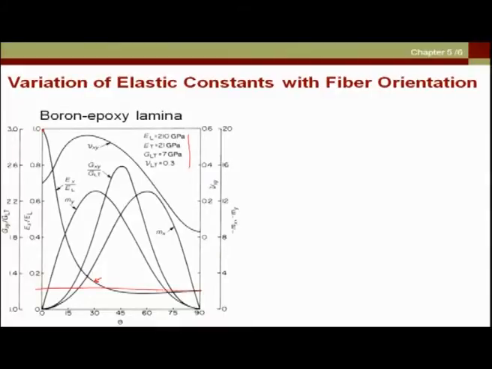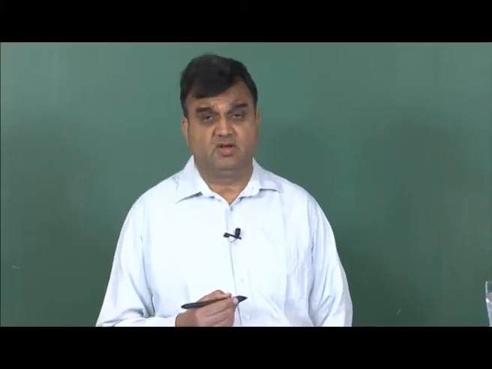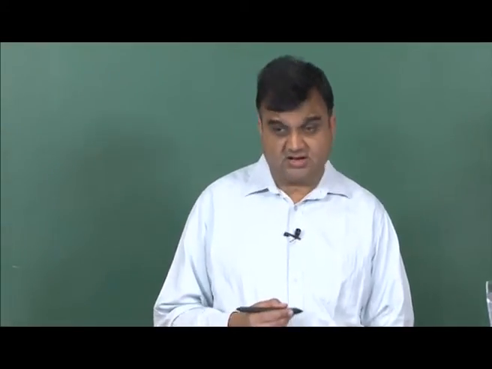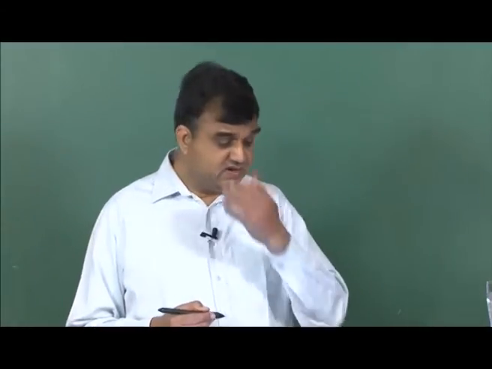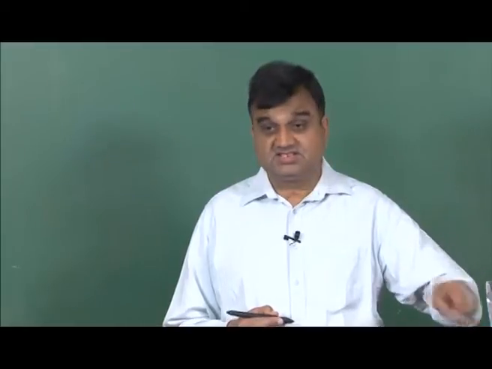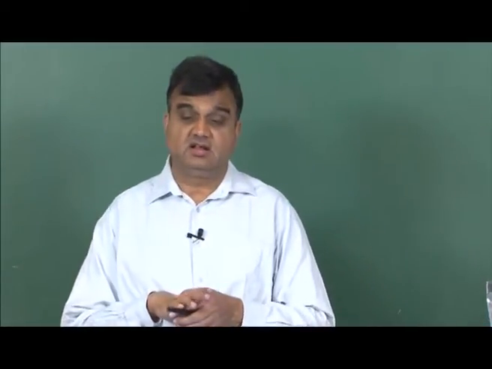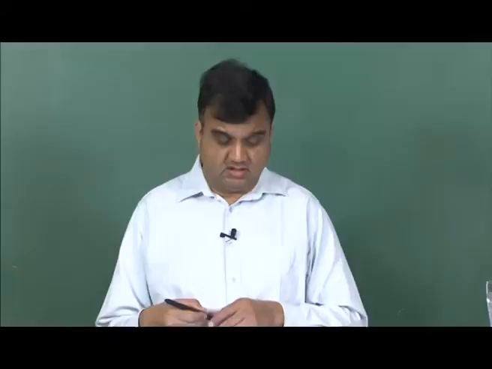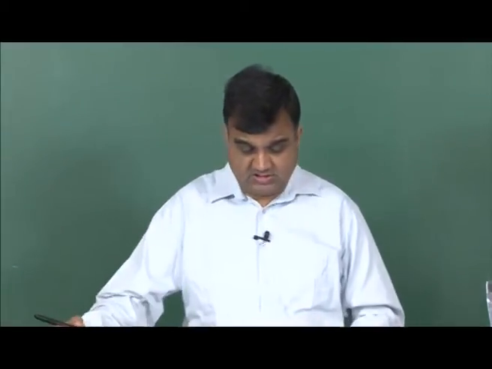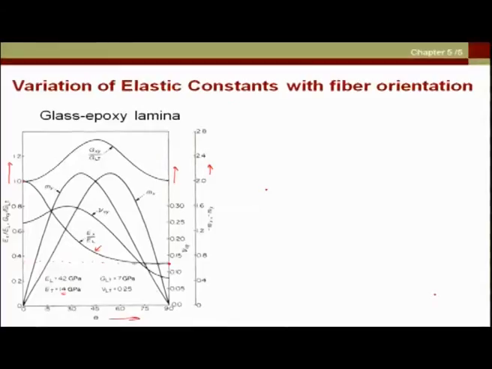A lot of times we may think that Ex will always be at a minima when theta equals 90, but that may not necessarily be the case, as we are seeing in this particular example, where Ex can be less than Et in certain special cases such as the boron epoxy situation. So, this is one conclusion.